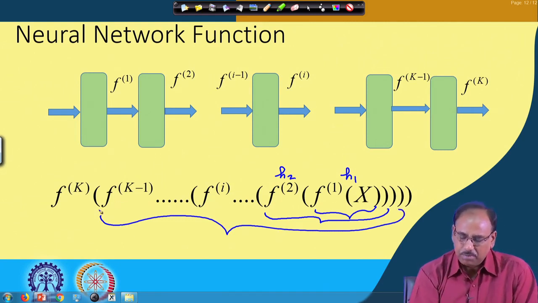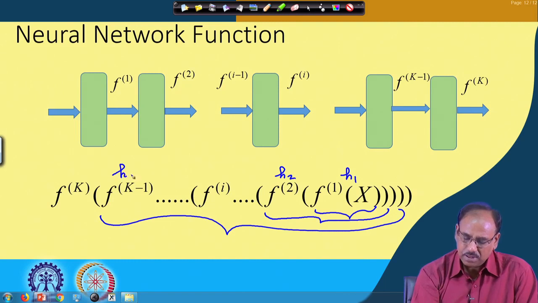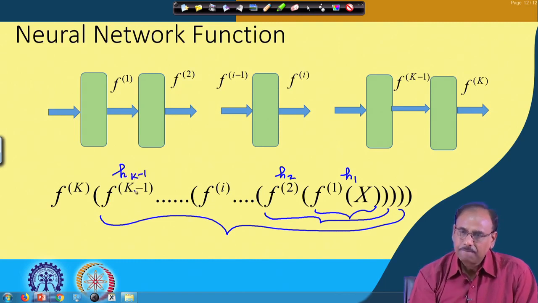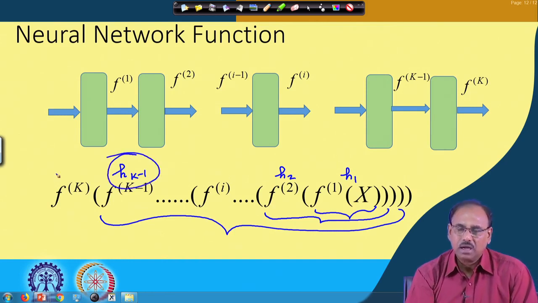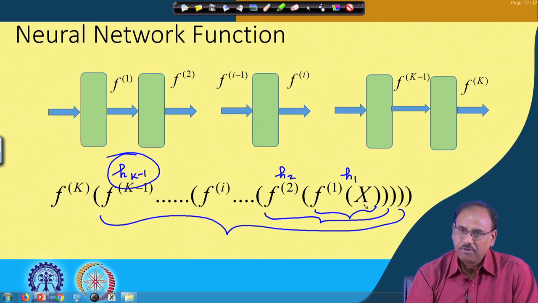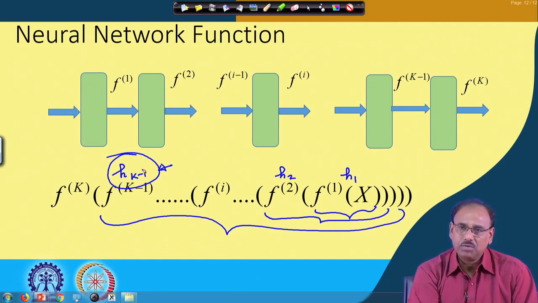Through this cascading of operations, I get a set of feature vectors h_(k-1). In this feature space, as these are nonlinear mappings of x, I can have a set of nonlinear mappings such that h_(k-1) leads to a linearly separable problem.